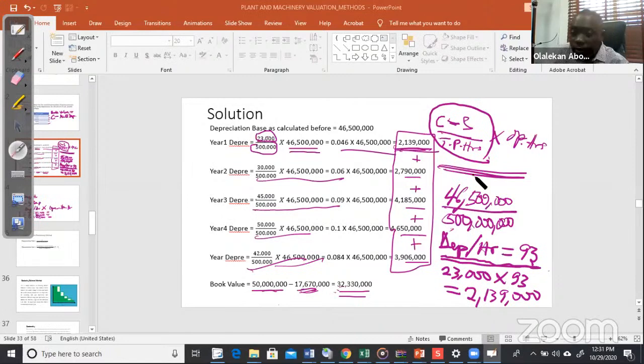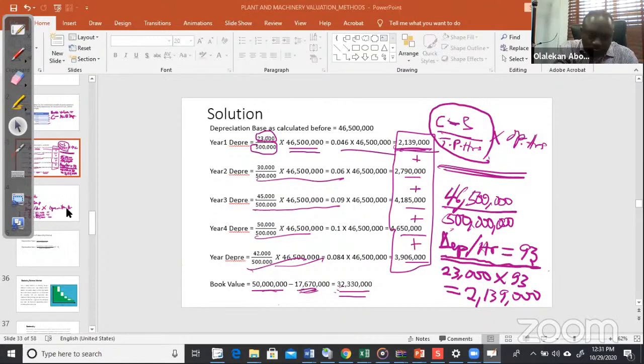Year two depreciation, book value of year two. Year three depreciation, book value of year three, and like that. Unless the question gives you that table, and for a question to give you the table, it is likely that they will ask you to prepare a spreadsheet, either a table showing the periodic depreciation or showing depreciation and the value, as I explained.